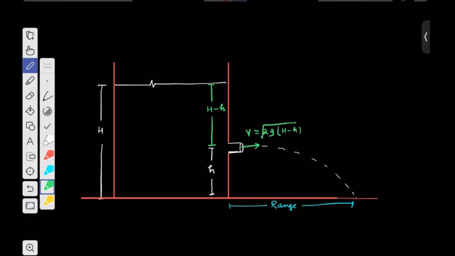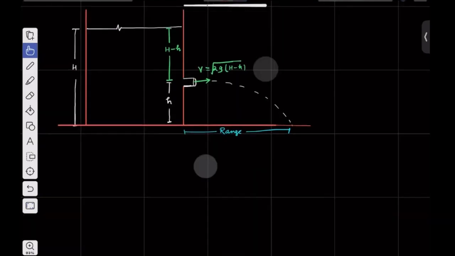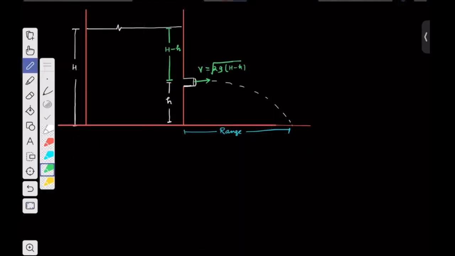And if I throw a particle horizontally from some height h, the time it will take to reach the ground is root over 2h by g. And for whatever time it was in the air, for that time only it was moving in the x direction. So how much it has moved in the x direction in total will be our range. So the time of flight, if I write it down, is going to be root over 2 small h by g.